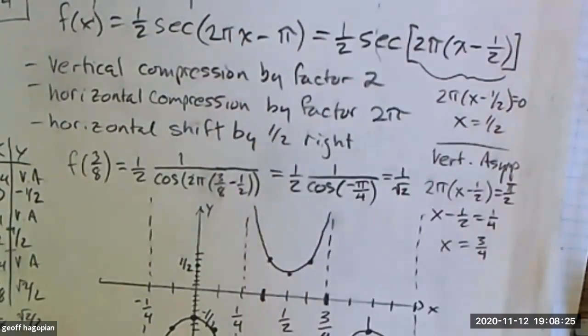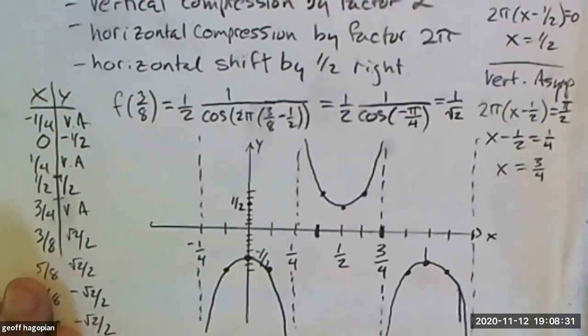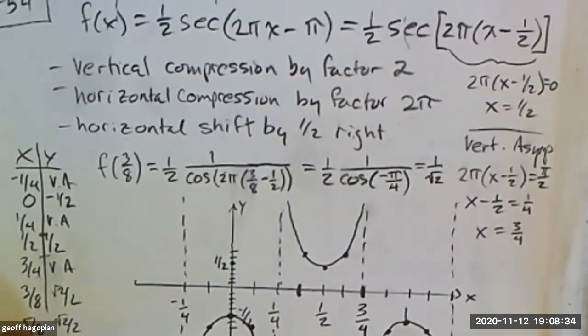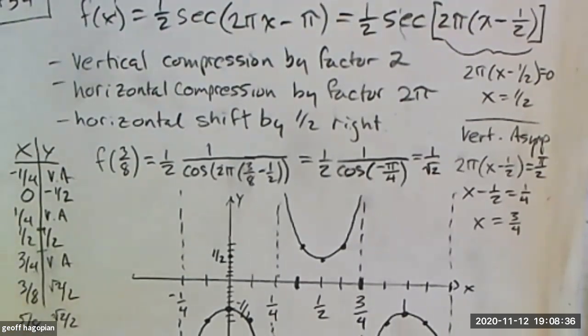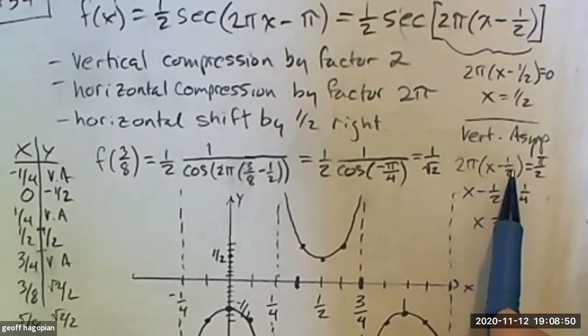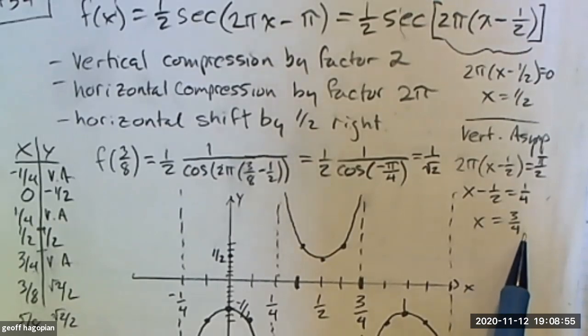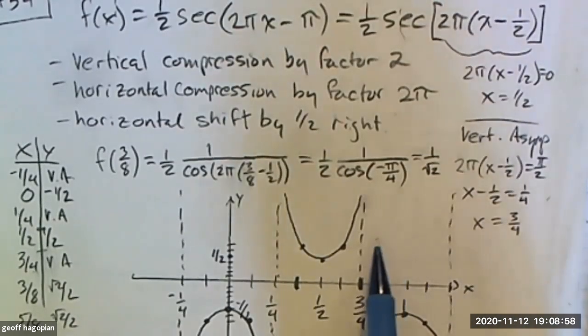And we did some input-output pairs, looking at where the vertical asymptotes are. For secant, the vertical asymptotes are where the input is equal to pi over 2. So if we set the input, 2 pi x minus pi, equal to pi over 2 and solve for x, you see that 3/4 is a vertical asymptote for this horizontally compressed function.